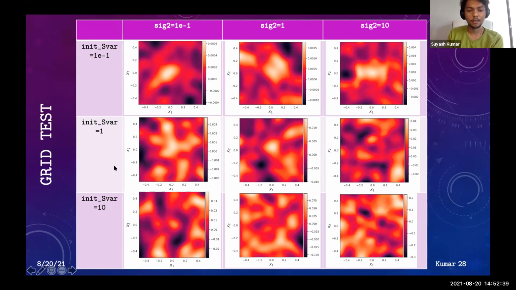The model comes up with pretty different initial guesses in terms of structure, and also the means, if you can see them, vary across orders of magnitude. So it is a problem that we are trying to tackle right now. I hope that answers some part of it. Yeah, thank you. Very interesting.